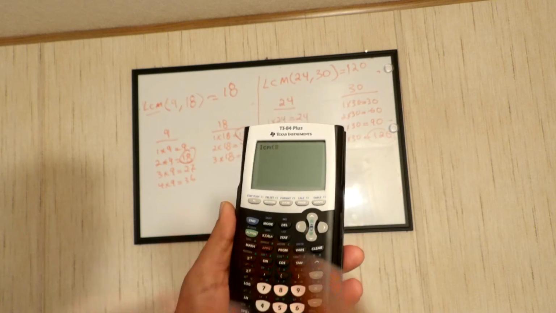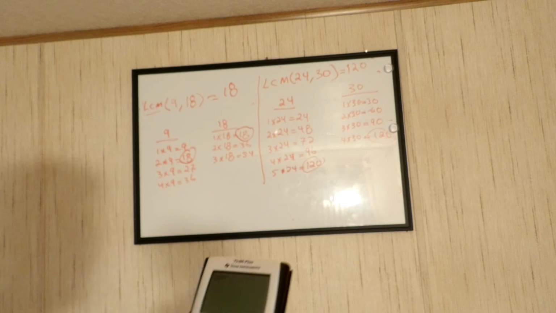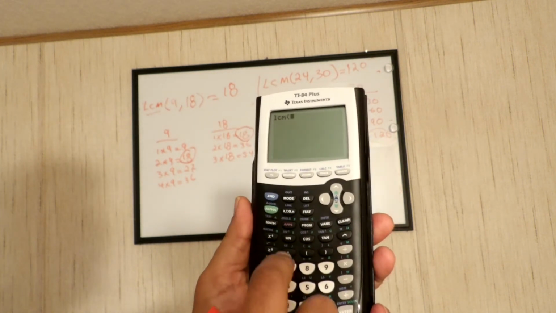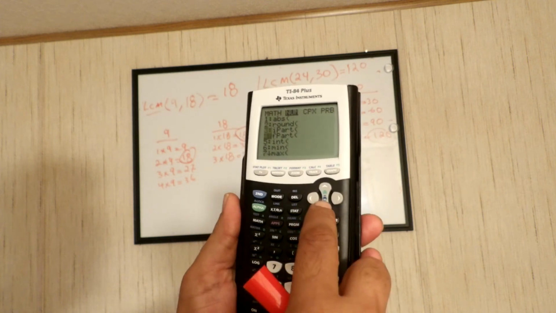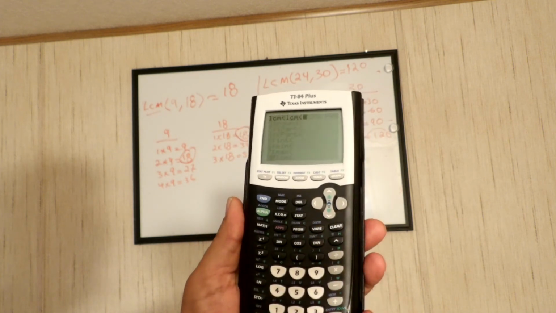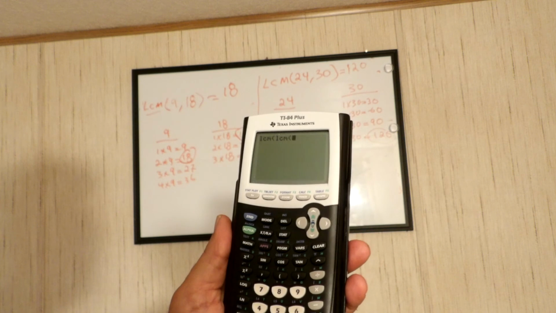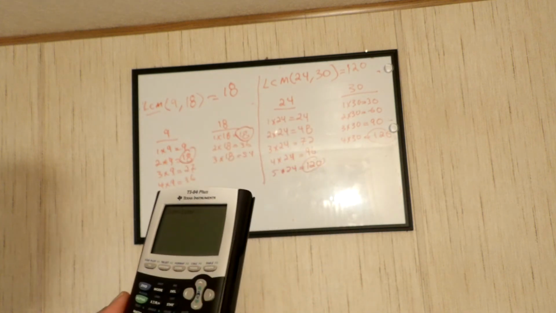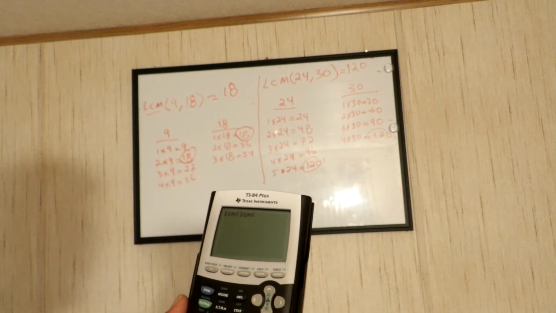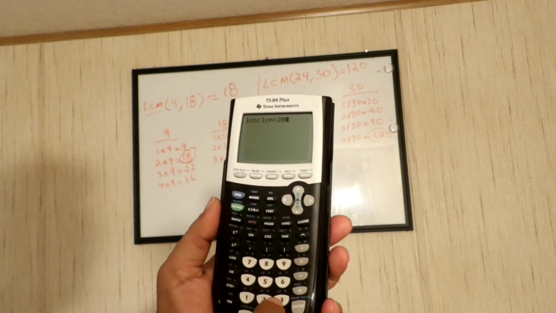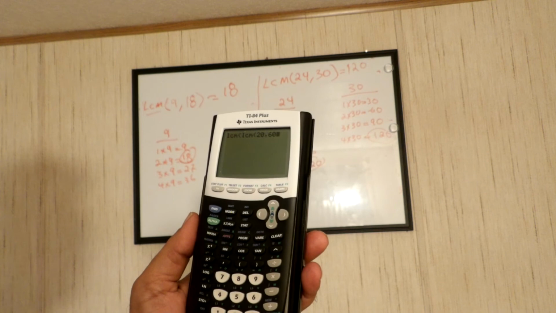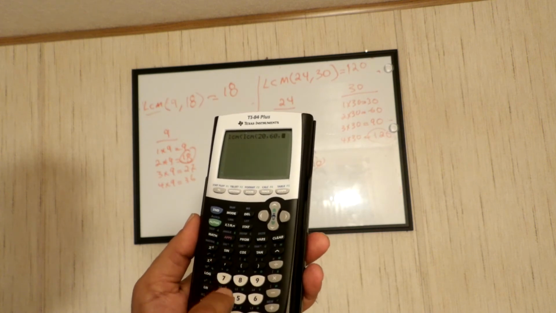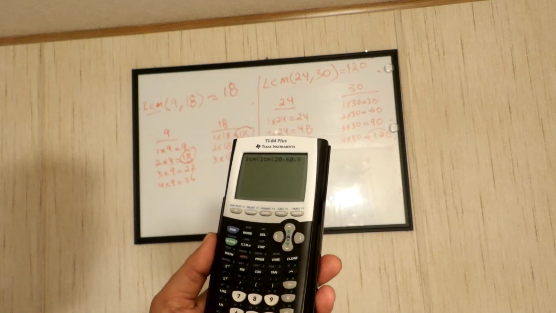And because there are three numbers, we use math, num again, go to LCM again, and you write those two numbers, 20, 60, and 15.